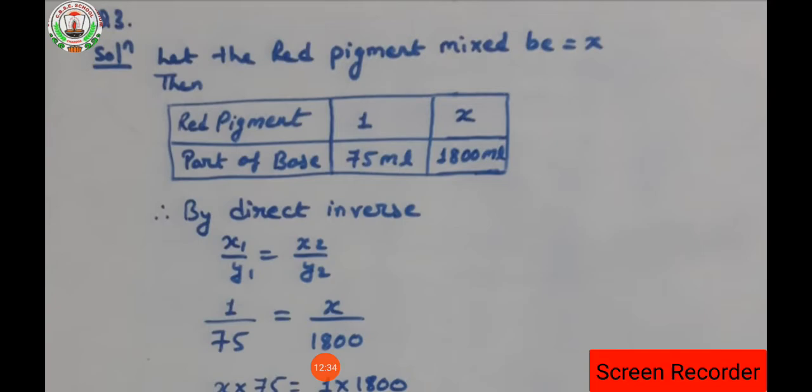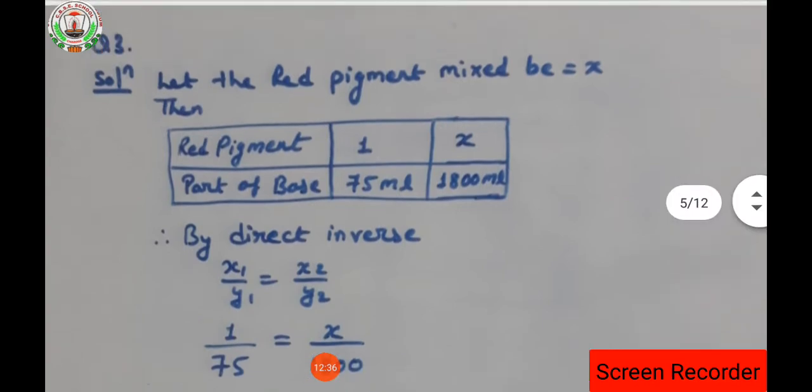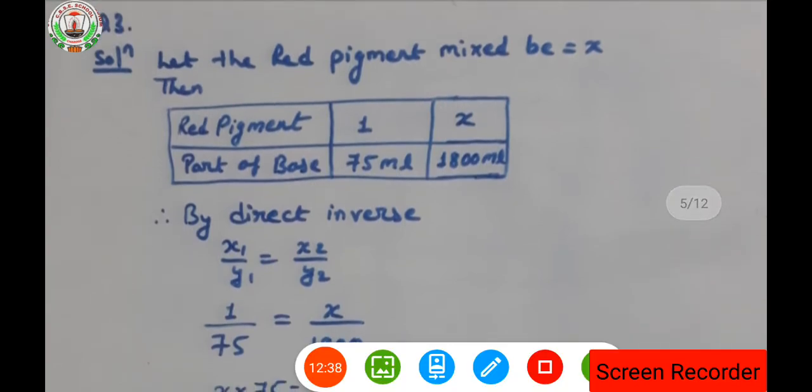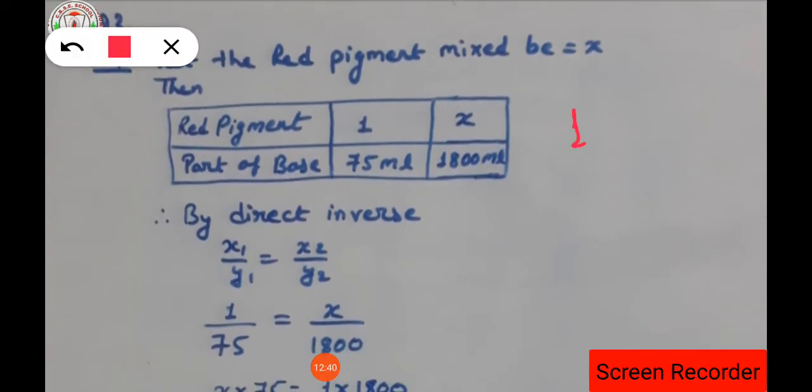Have you understood the question? It is said in the question that if one red pigment is needed for a part of base of 75 milliliter, then how much red pigment will be needed for 1800 milliliter of base.